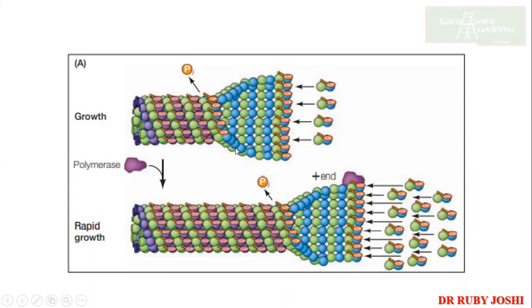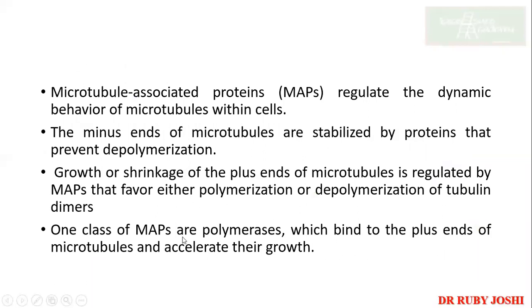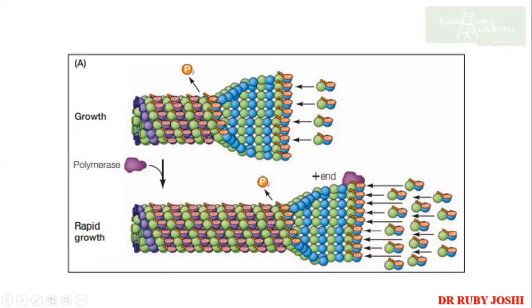So the polymerase. Now why are we saying polymerase? Because MAPs are your polymerase which bind to the plus ends of the microtubules, helping in the growth of the microtubules. So here, the polymerase keeps on adding newly introduced GTP bound tubulins. This is how microtubules grow in the normal case.